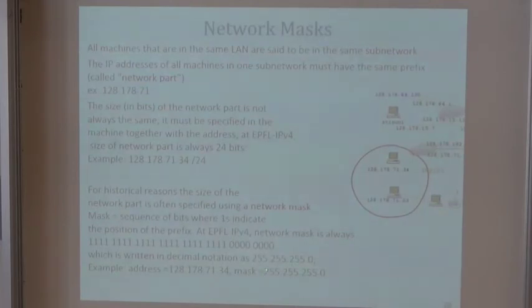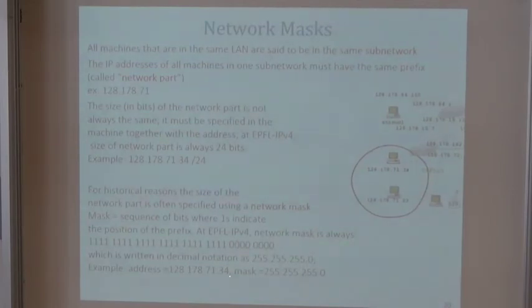So the mask is a number, which is in fact a sequence of bits, which has ones in the position of the subnet, the thing that is used to identify the subnets, and zeros otherwise. So this is assuming that I do a bitwise AND.